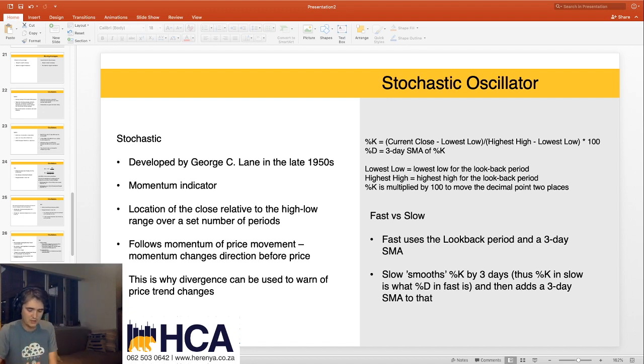It looks at where today's price is relative to the trading range it's been in over the last couple of days, and from that it can indicate to us what momentum is doing, right? And because it follows momentum so closely, we can use it most accurately for divergence plays on oscillators. Divergence is something we'll get to in just a second.